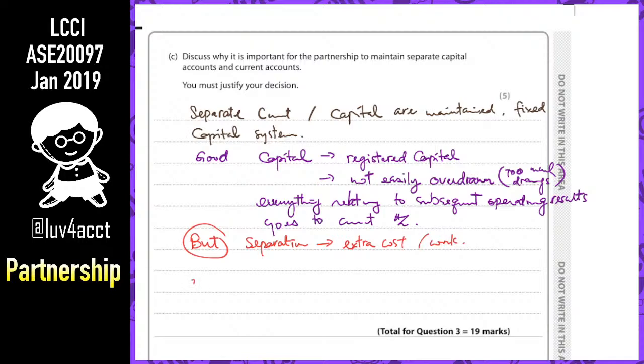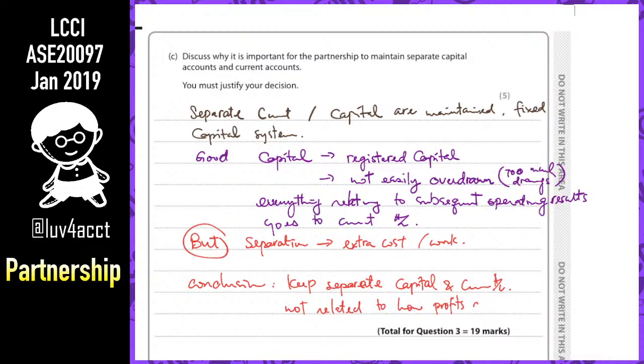But overall the conclusion is I support keeping separate capital and current accounts, and the combination is not related to how profits are shared.